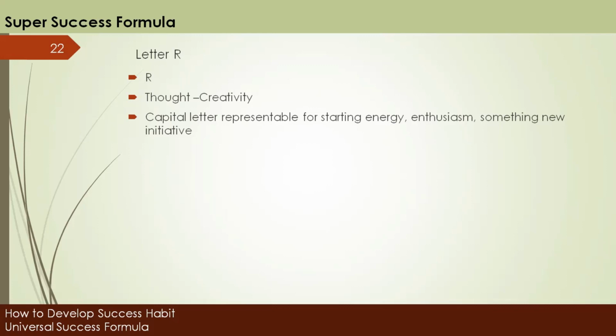And I again emphasize that capital letter graphology and the second letter graphology are totally different, because here it represents a starting energy, enthusiasm, or new initiative, which is not a routine activity. The second letter represents a routine activity, but a capital letter represents a starting energy, enthusiasm, or new initiative which is started and then followed by a second letter.